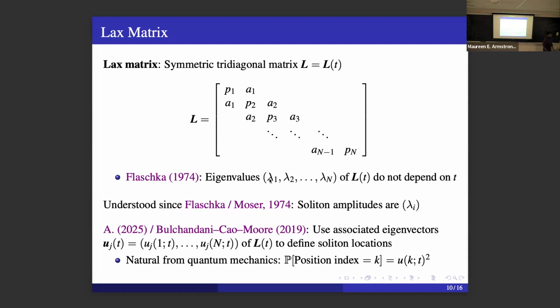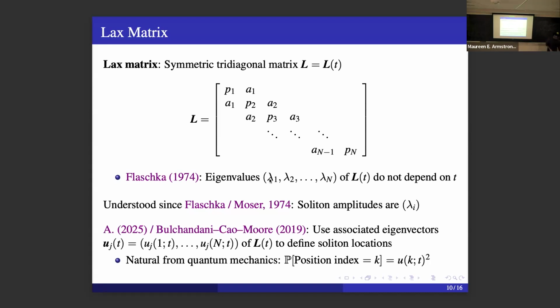Okay. But there's a natural thing to do, which is that if I'm telling you that the eigenvalues are the amplitudes or the velocities, why not look at the eigenvectors, right? So we can now try to use the associated eigenvectors to define the soliton locations.